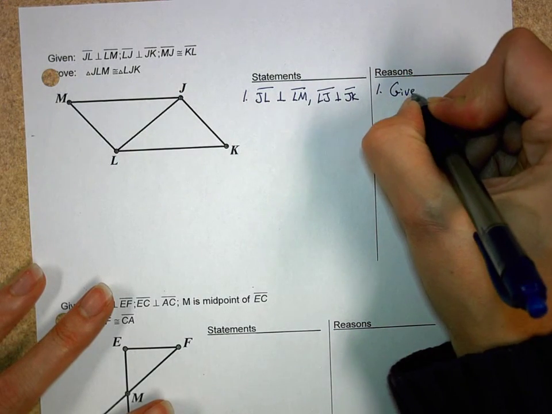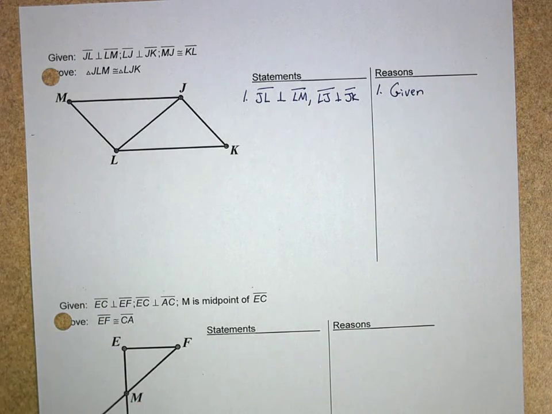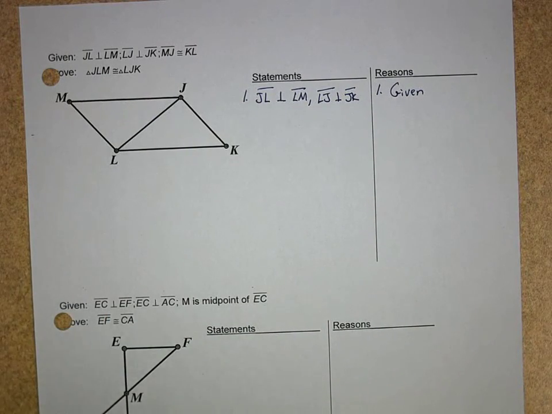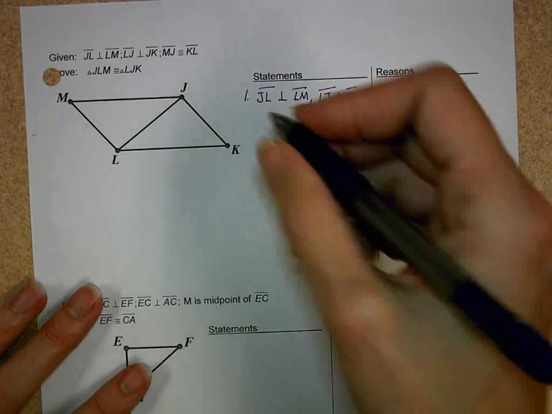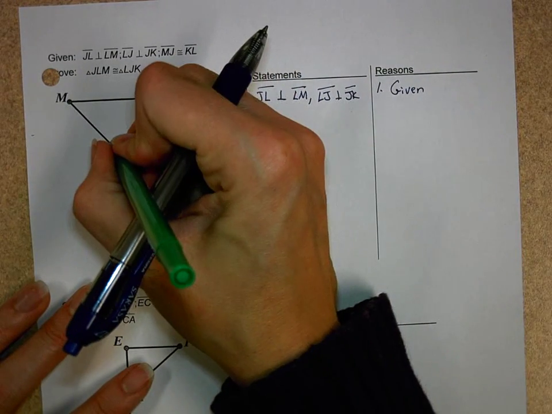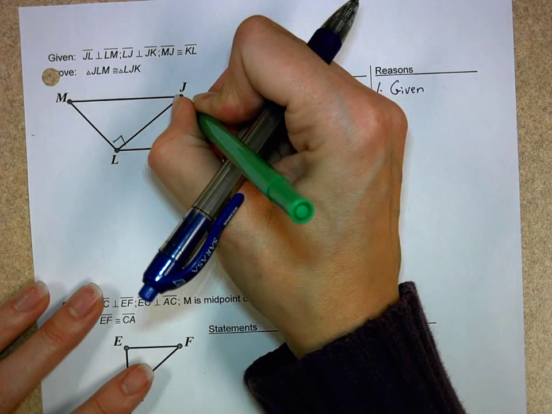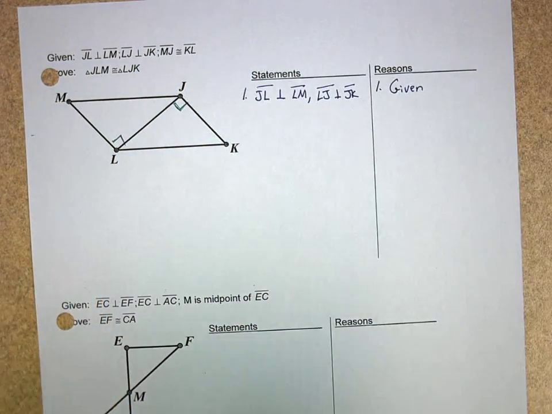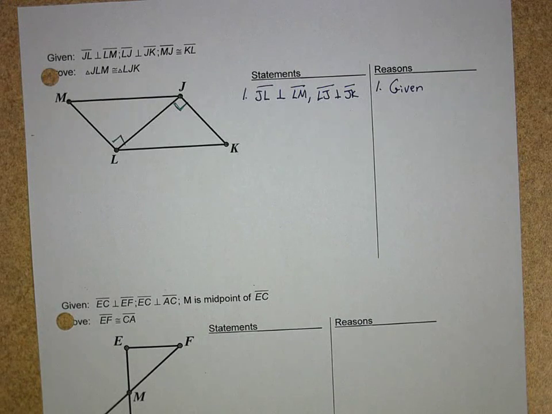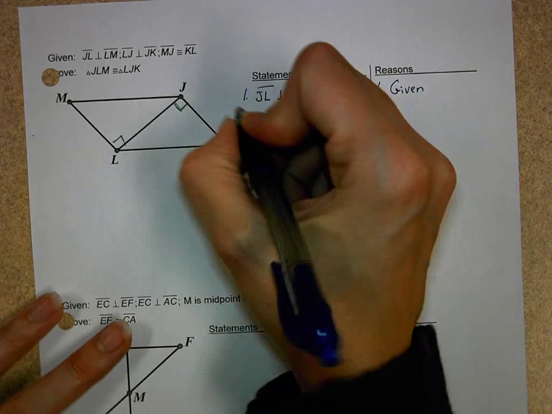Now remember, if I give you perpendicular segments or lines, you give me what type of angles? That's right, you're going to give me right angles. So I'm going to have an angle right here, and I have one right here, because the way that we said they're going to be congruent. Okay, now let's write those in our proof.